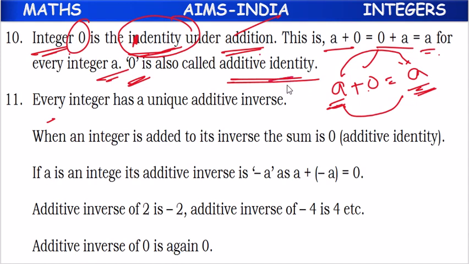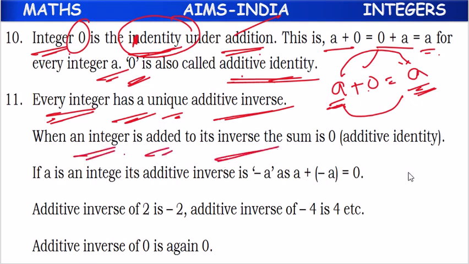Additive identity. Not only that, every integer also has a unique additive inverse. Unique additive inverse means whenever an integer is added to its inverse, suppose 2 is there, what is its inverse? Minus 2. If we add plus 2 to minus 2, what happens?